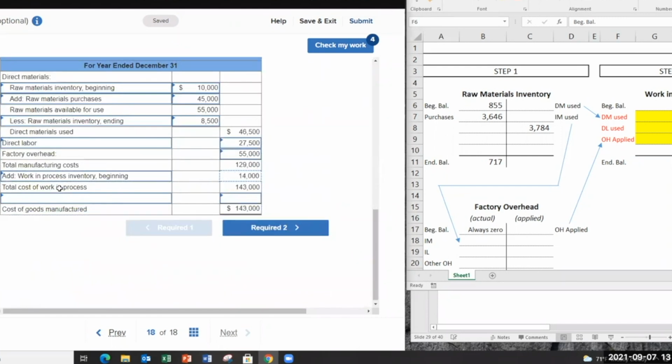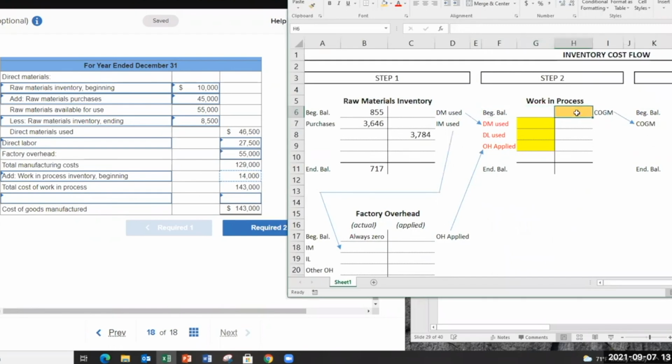Getting there, almost done. And then we subtract something to get cost of goods manufactured. See, here's cost of goods manufactured. So we add that, and we subtract the ending work in process to get cost of goods manufactured.